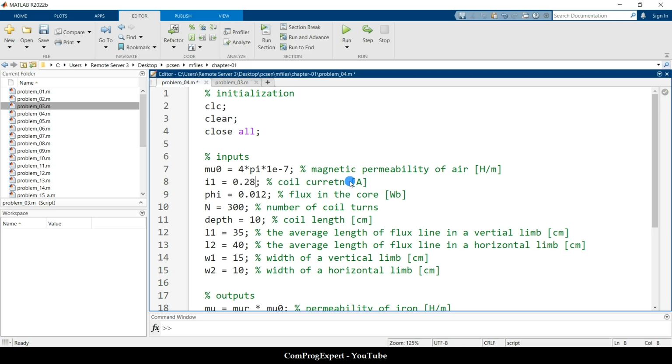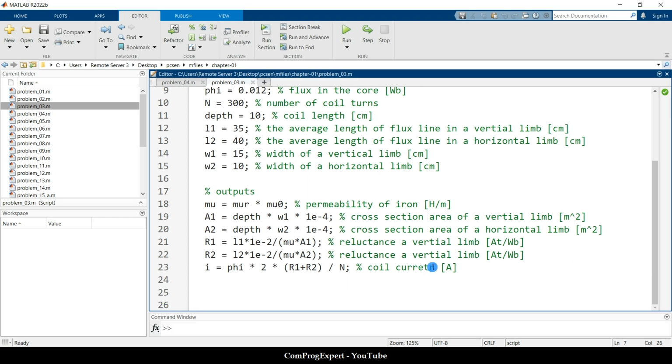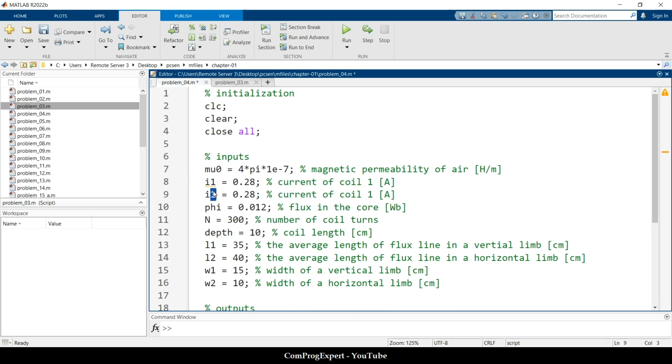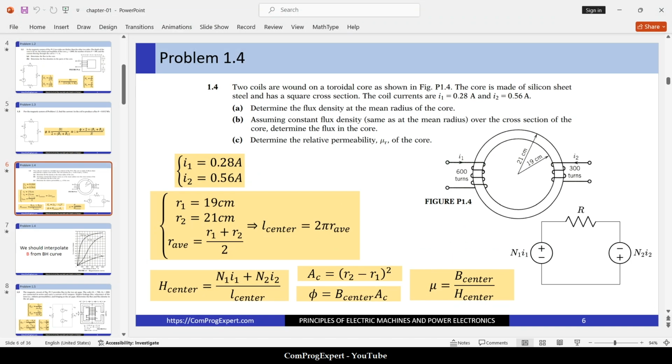Let me modify this comment also. And this is the current of coil 2. The second one, I2, is equal to 0.56.